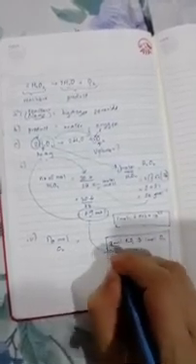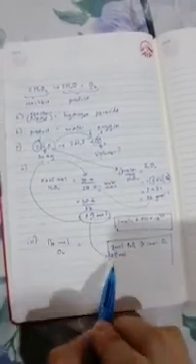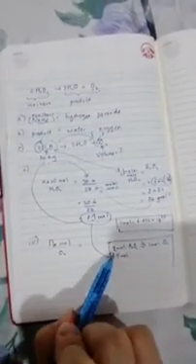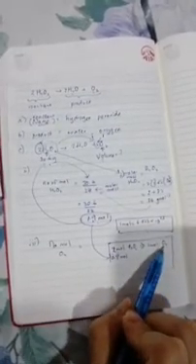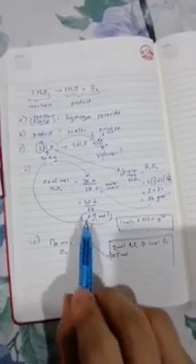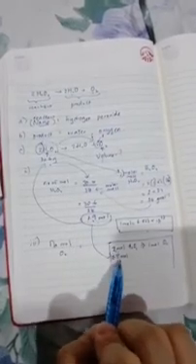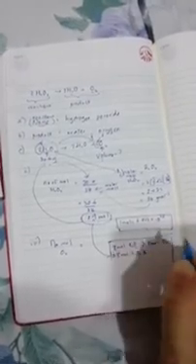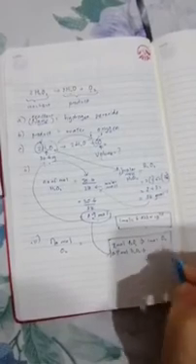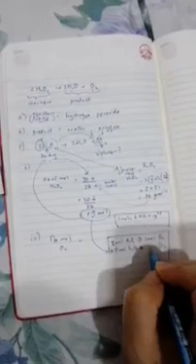But in this case, it's not 2 moles, it's only 0.9 mole. According to the chemical equation, this is 2 and will produce this one part, but in this case it's just 0.9 mole of H2O2. So how many moles of oxygen will be produced? This one 2, this one 1, this one 0.9, and this one is how much?